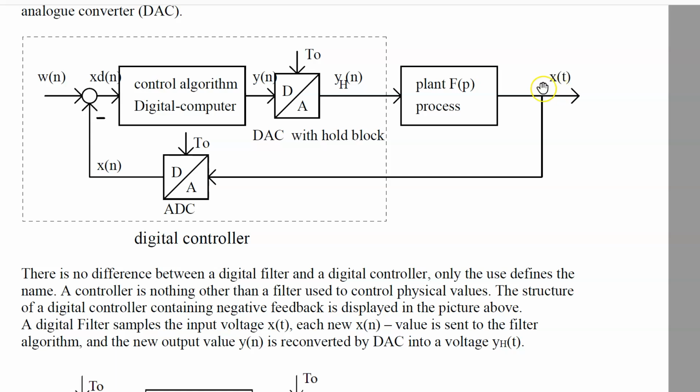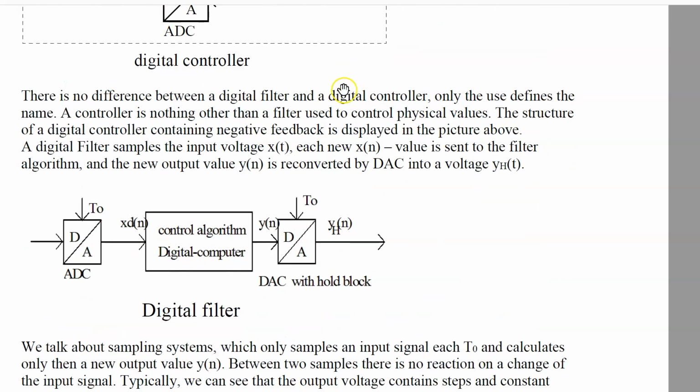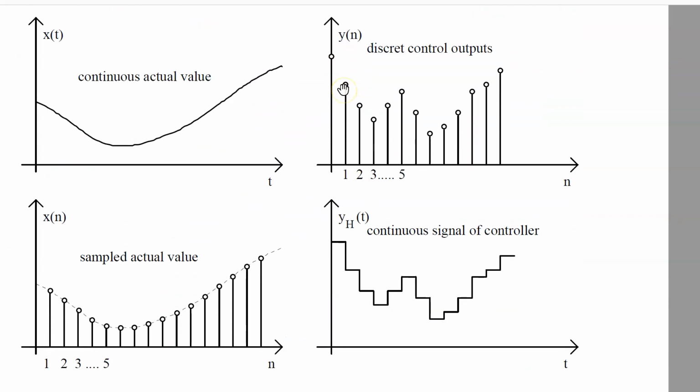The output of a process is called, in my lecture, x. The desired value w, the control difference xd, the controller output y, and the output held by the digital to analog converter y index h. Let's look back to my diagrams.